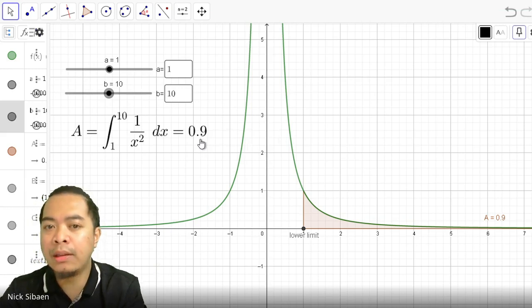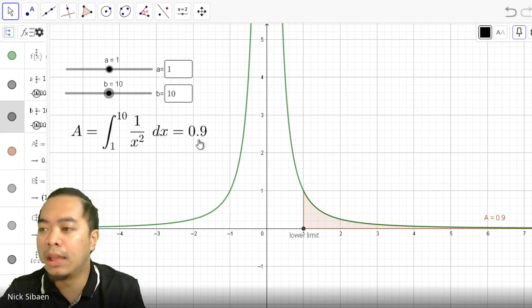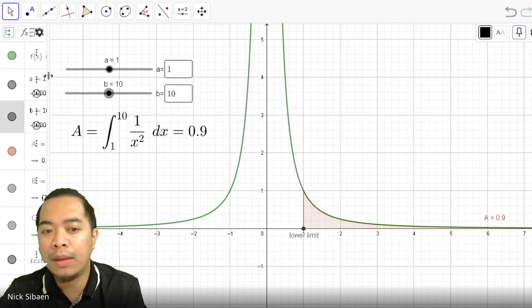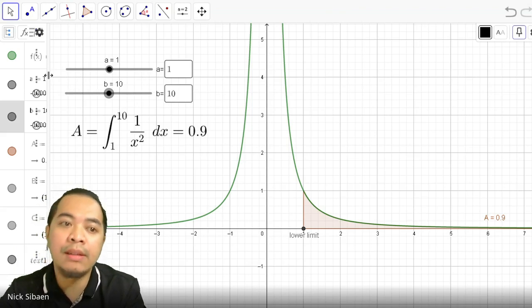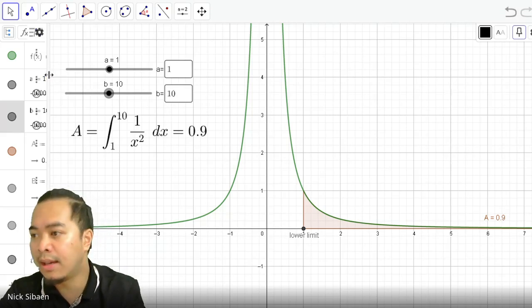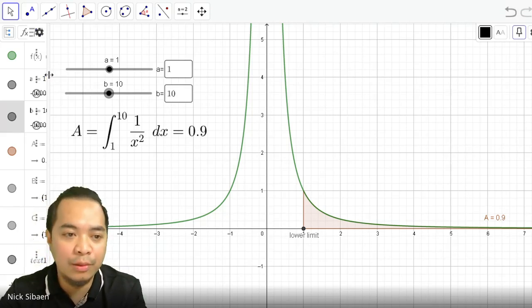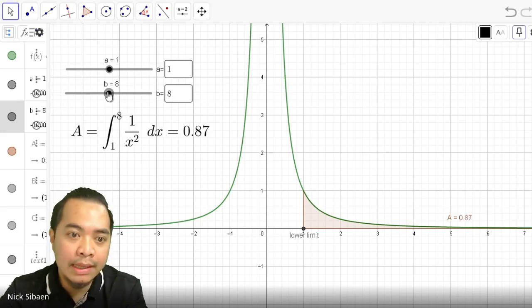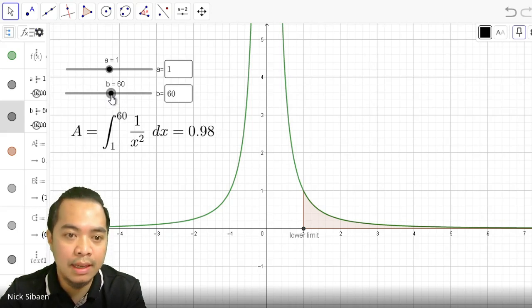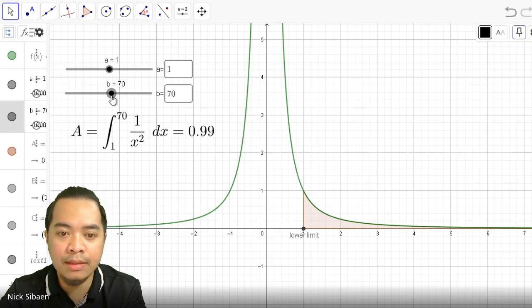Or it will converge, meaning it will approach a particular number, a particular limit. And I'm sure na if you read that module, to compute an improper integral algebraically, it will involve limits na cover natin sa calculus 1. Anyway, sige. Let's make the upper limit b increases. So what happens? So ang area sa ngayon, b is 70, it's 0.99.